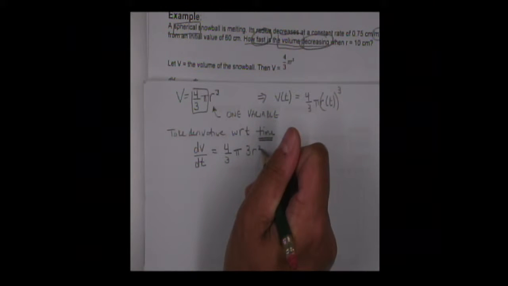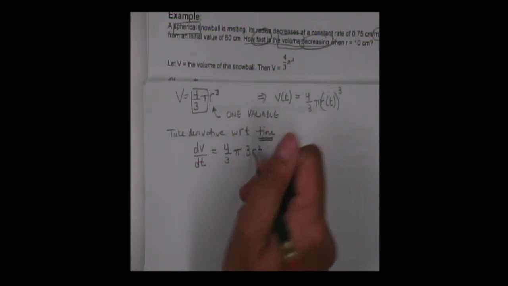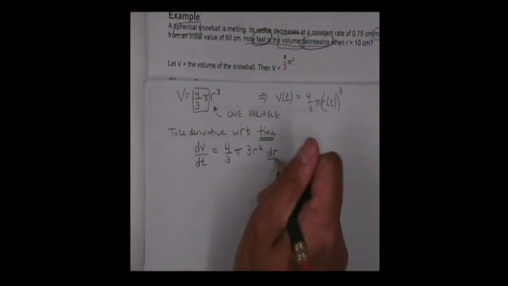And then it's a little bit like the implicit derivatives we did, and it really is much more closely related to those. What we do is we take the derivative and then we'll be multiplying by dr dt. So it's much more implicit, like where we put the y prime at the end of things or the dy dx at the end of things. It's going to be the same kind of process. All of our derivatives are with respect to time. So instead of writing V prime, we write dV dt.